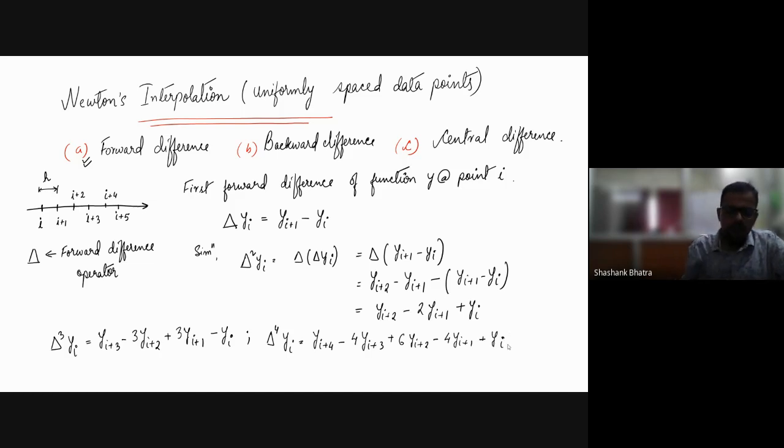And if we go on and on with this, we would be able to obtain a generalized expression for it. Suppose I have the nth order operator for the forward difference, how will I write it down?